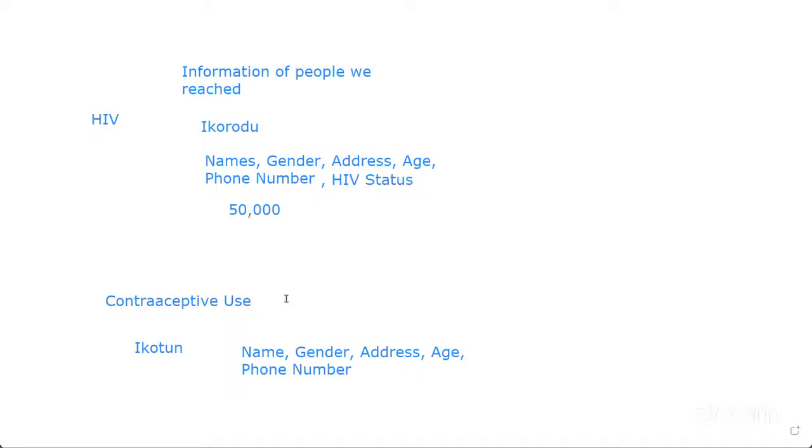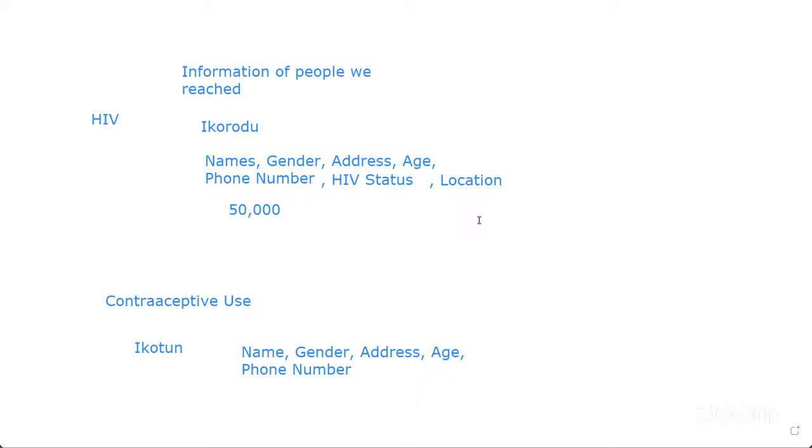Notice if I am going to another location and it is still the same HIV awareness, I can just add location to this table, then continue using this table in another location. Yes or no? In this location, I will have Ikorodu. If I go to Ikotun and it's still the same HIV awareness, the location will now be Ikotun.